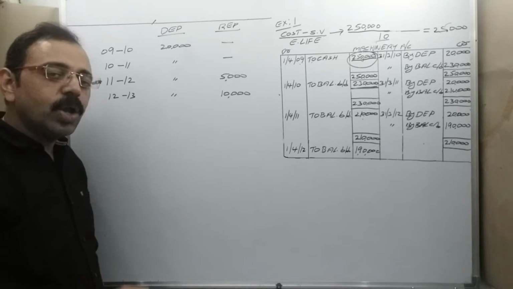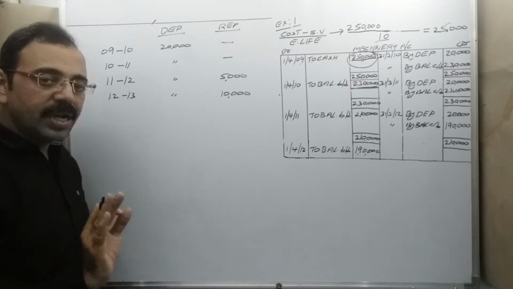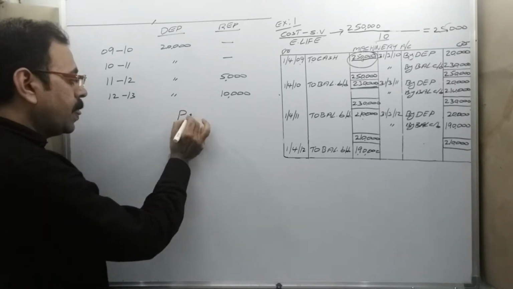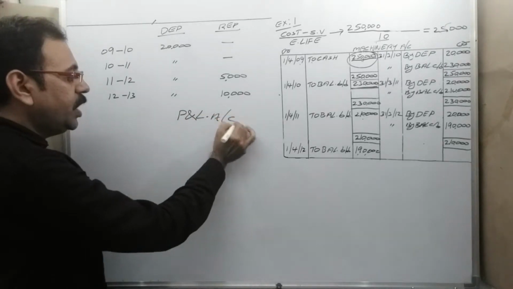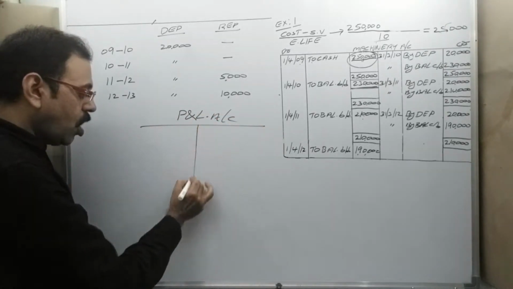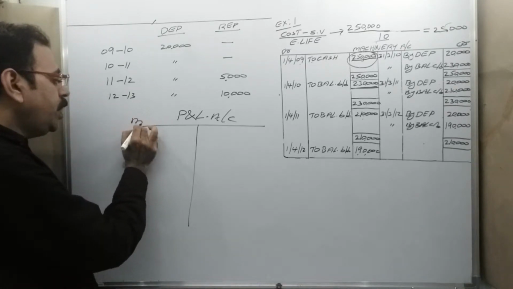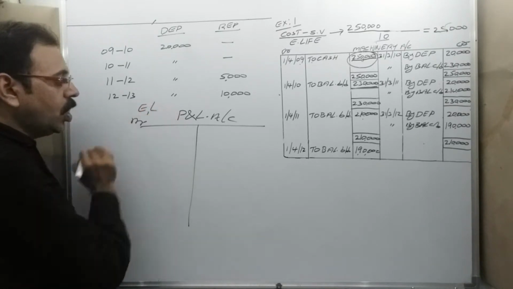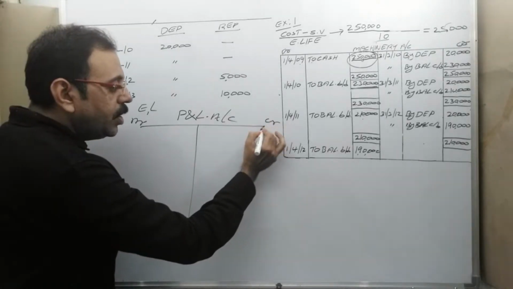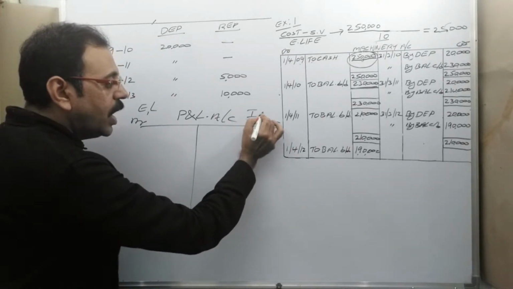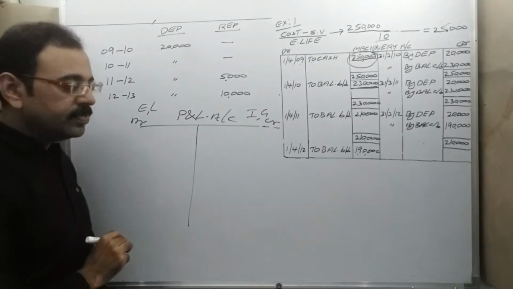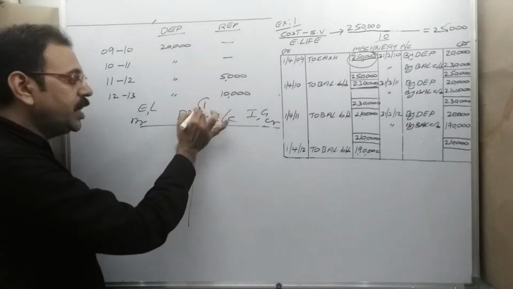Then what is the effect on profit and loss account? Let us observe. Profit and loss account is a nominal account now. Then what is nominal account rule? Debit all expenses and losses, credit all incomes and gains. Say this is first year P&L account.